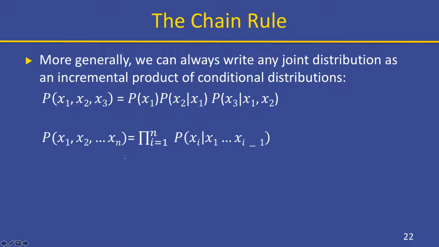And the more general form is given for n variables. So the joint distribution with n variables is equal to the product of the conditional distributions for i equals 1 to n.